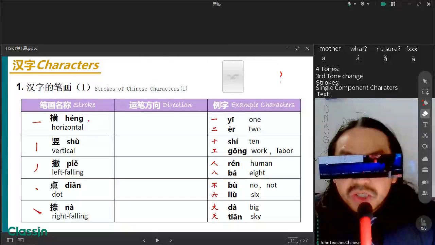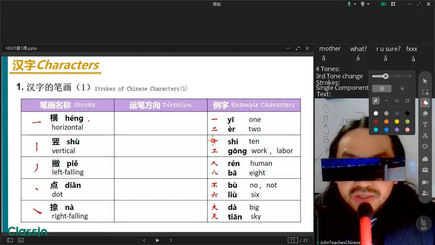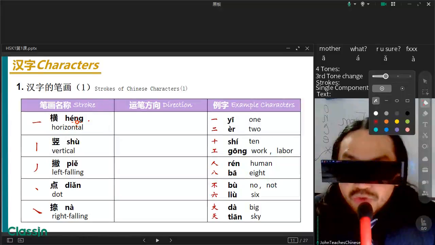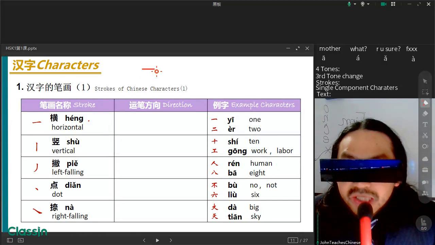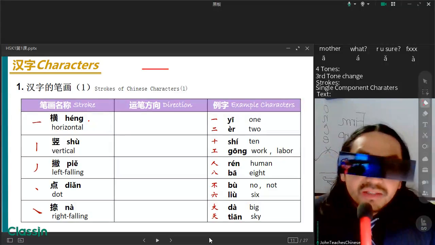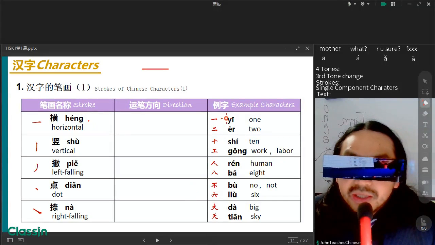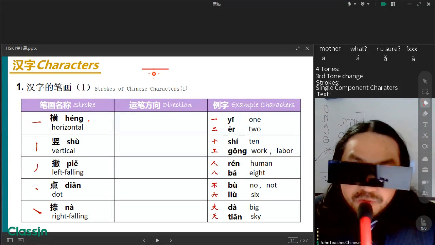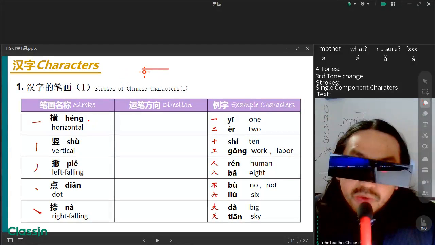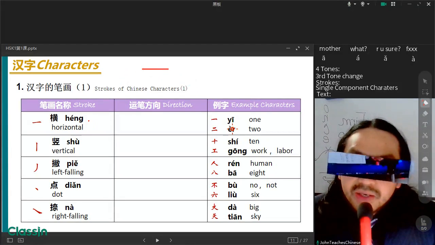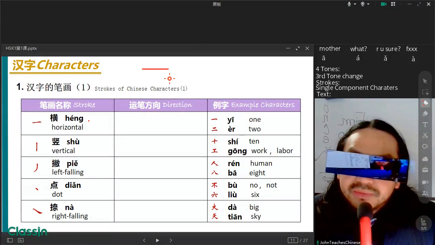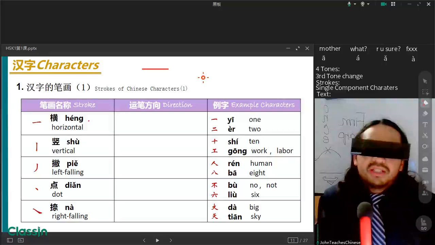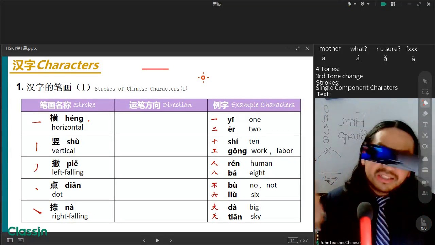No, Chinese kanji can only be formed by these strokes. First one is horizontal. It is very easy for you to understand, right? This stroke alone can form a kanji, which as you see is 1. Quite easy. You find kanji is not that difficult.